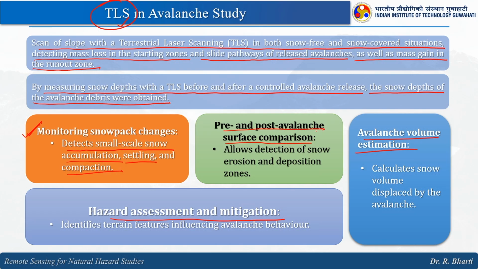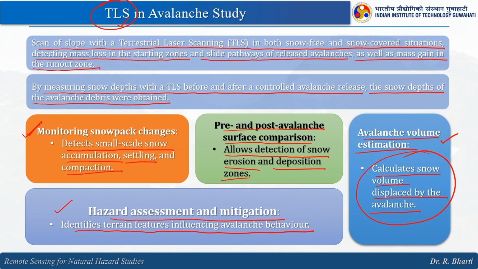For the pre and post avalanche surface comparison, it helps you to detect the snow erosion and deposition zone. When we say avalanche volume estimation, it will calculate the snow volume displaced by the avalanche. So, that will help you to understand the impact of it in the later part, that is the hazard assessment and mitigation. It identifies terrain feature influencing avalanche behavior, right.